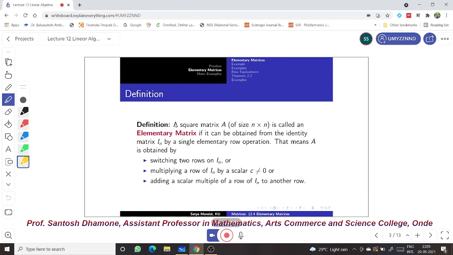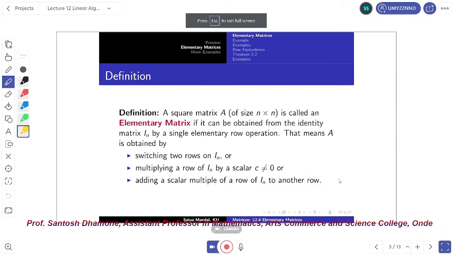Definition. A square matrix A of size n by n is called an elementary matrix if it can be obtained from the identity matrix In by a single elementary row operation.